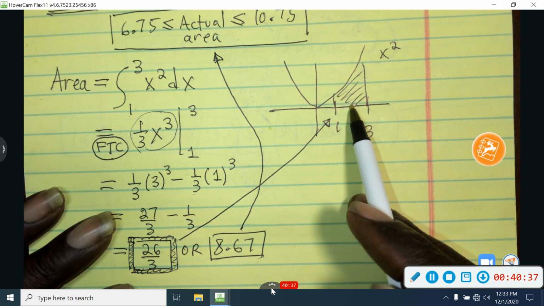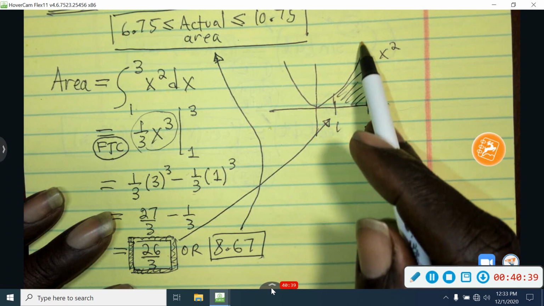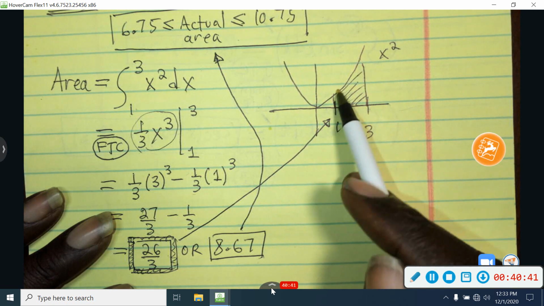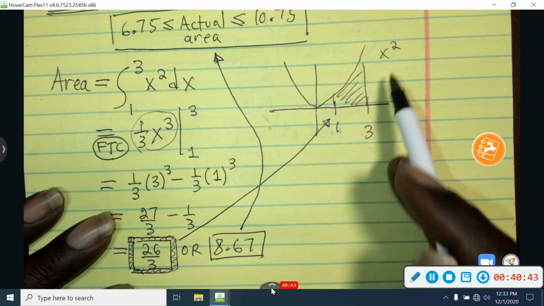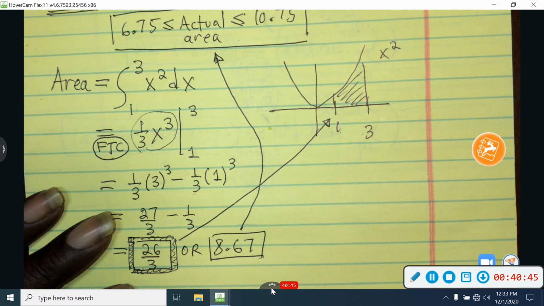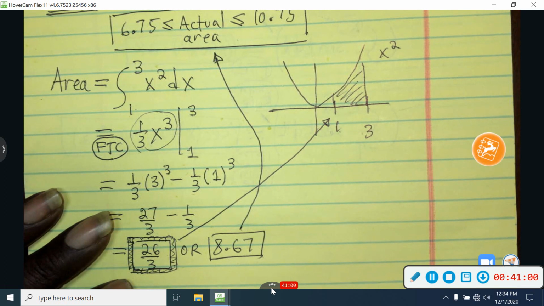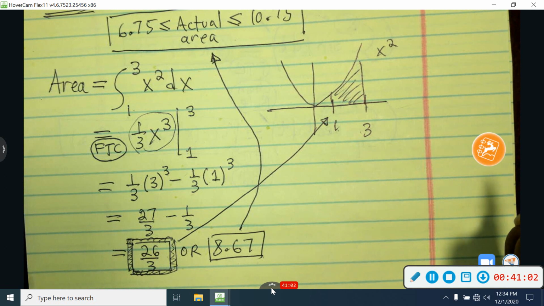It's only someone's area if the function is positive up in the air over the interval, like x squared was. Here's a guy that's sometimes up in the air, above the x-axis, and sometimes below the x-axis. So the definite integral isn't his area. It's just a number in that case.